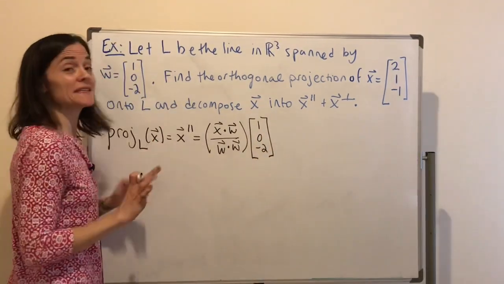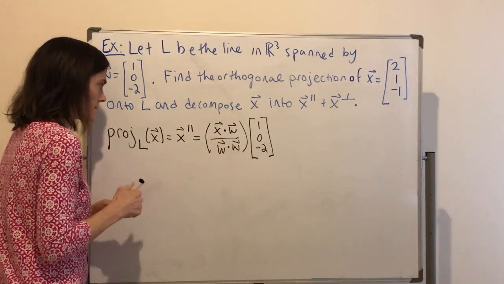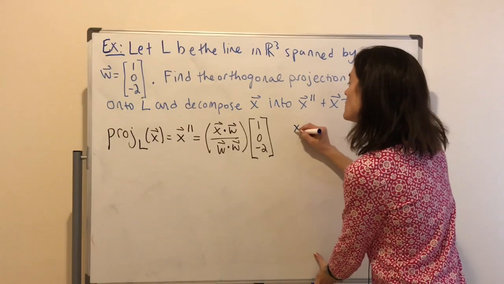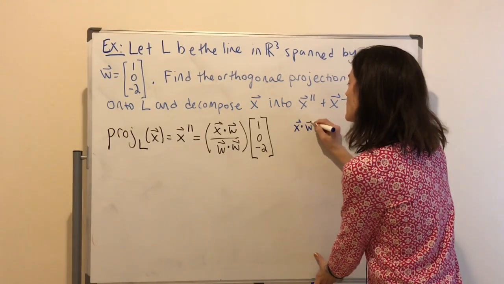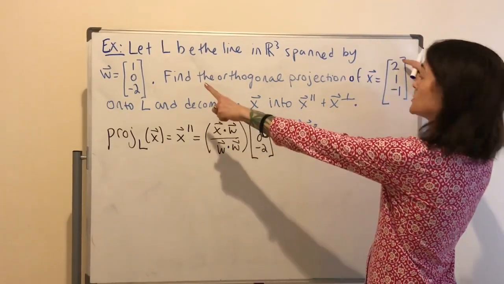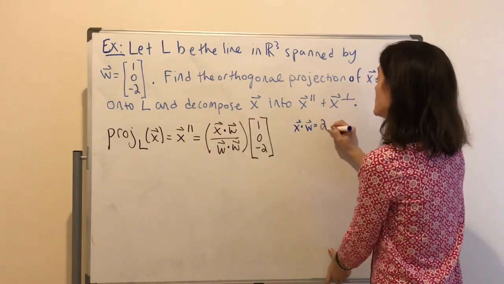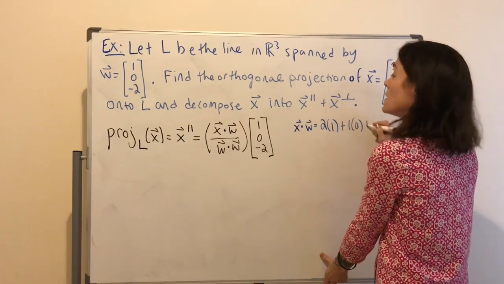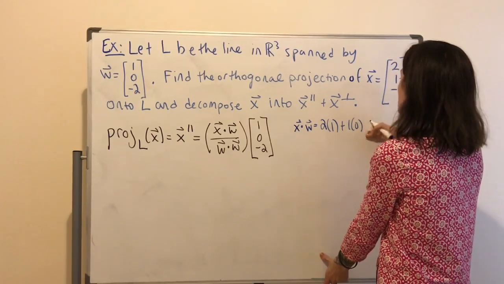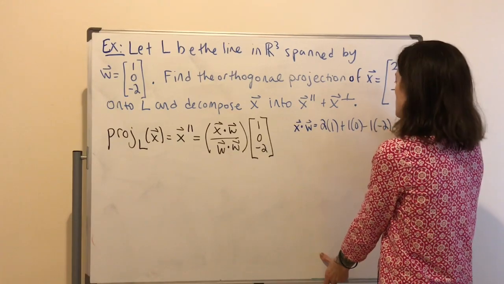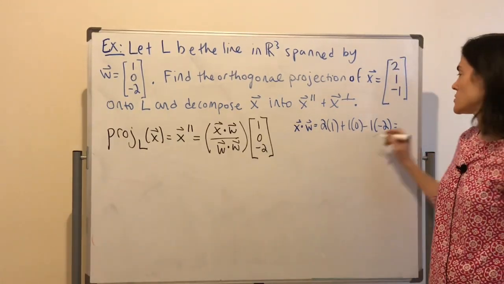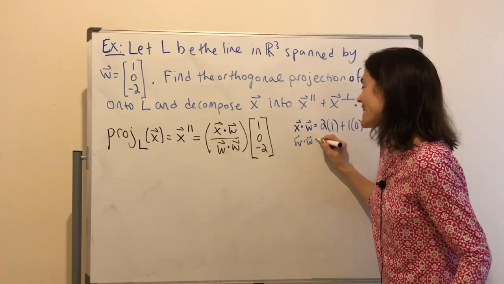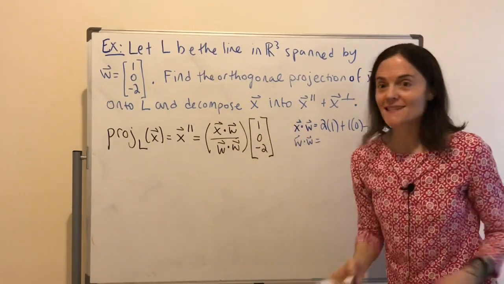Let's compute the pieces here. Maybe I will do some of that over here in blue. X dot W is 2 times 1 plus 1 times 0 plus minus 1 times minus 2. So this is 2 and 2 gives me 4. W dot W, well, I just dot product W with itself.